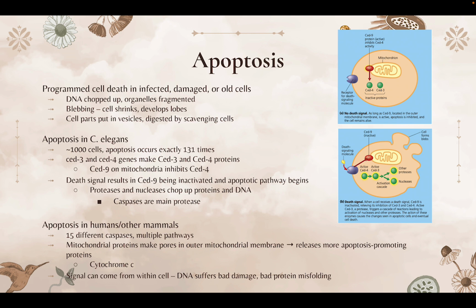Or the ER can send a signal that there's been really bad protein misfolding, which can lead to a lot of issues like prion diseases. So those are all things we want to prevent. So apoptosis gives us a chance to let that cell die before it can influence other cells. So yeah, that's a very common function of apoptosis.